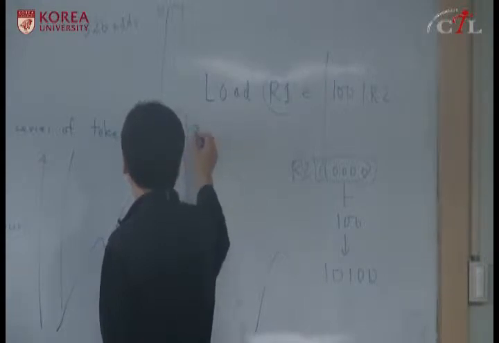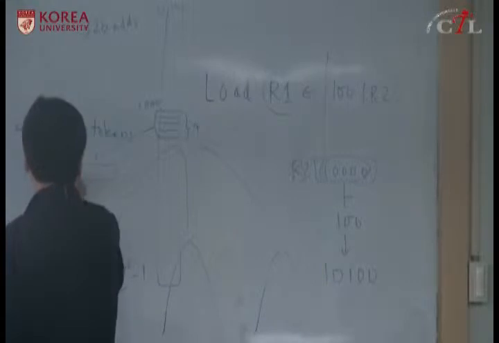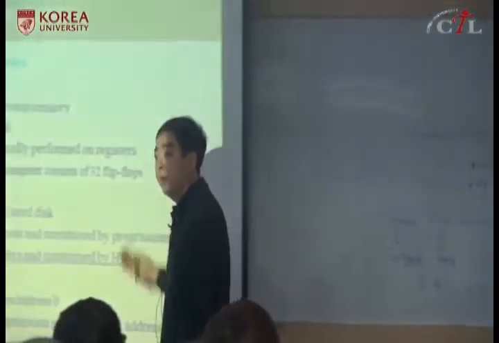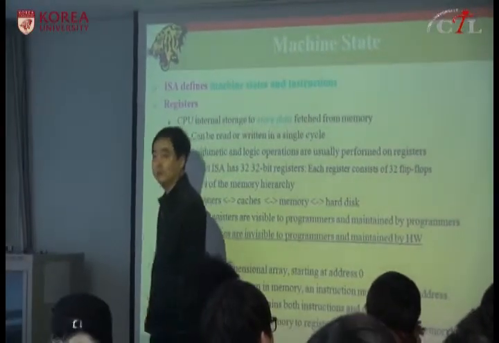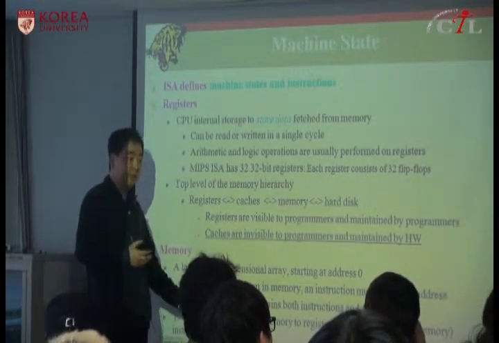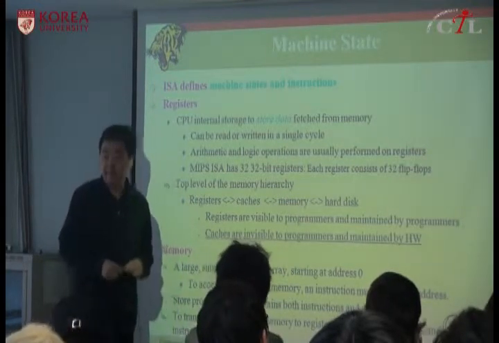There are 4 bytes. Copy these bytes and store into register R2. So only programmers, they care about memory, which is virtual memory, and registers. Okay? Cache is a microarchitecture structure to speed up the memory access.